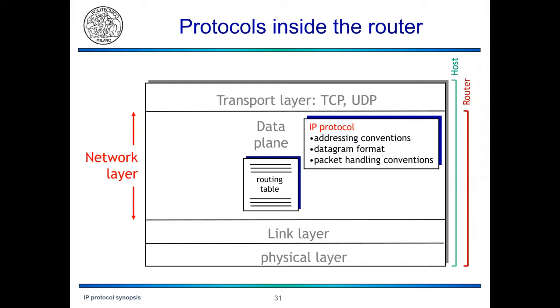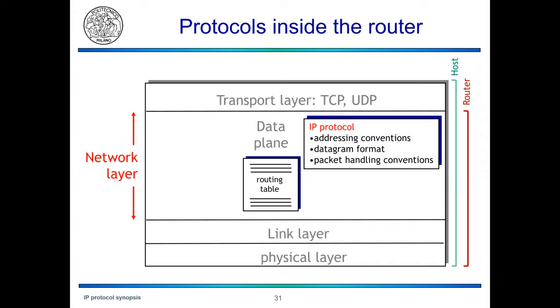The IP protocol needs some control plane infrastructure implemented inside the router, so control plane intelligence, in order to perform the routing and the forwarding operation on the IP packets. So we need a routing table.